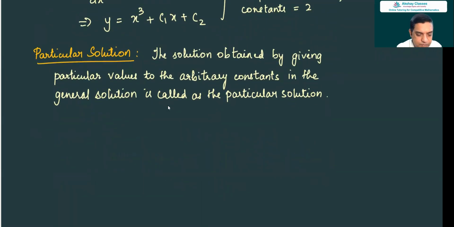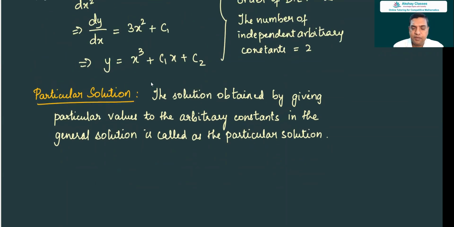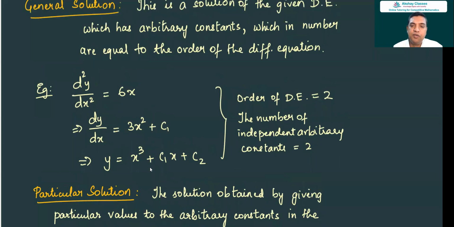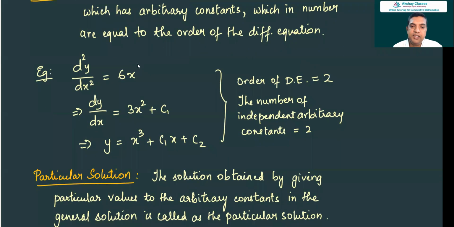So what does a solution mean? It actually represents a family of curves. The solution is a function, and for different values of the arbitrary constants, you get different functions. So it is a family of functions satisfying certain properties. Here the property is that the curvature of all such functions is 6 times the x coordinate at any given point.